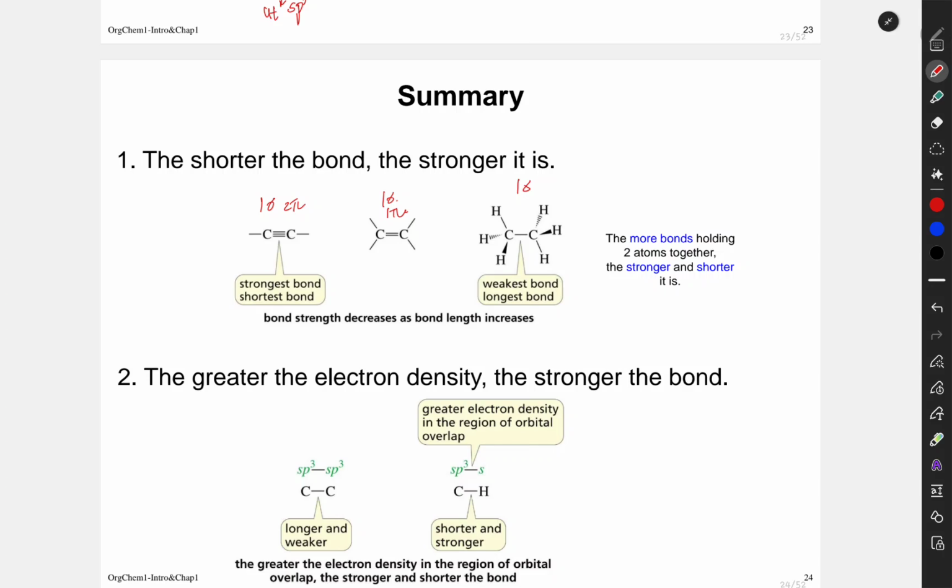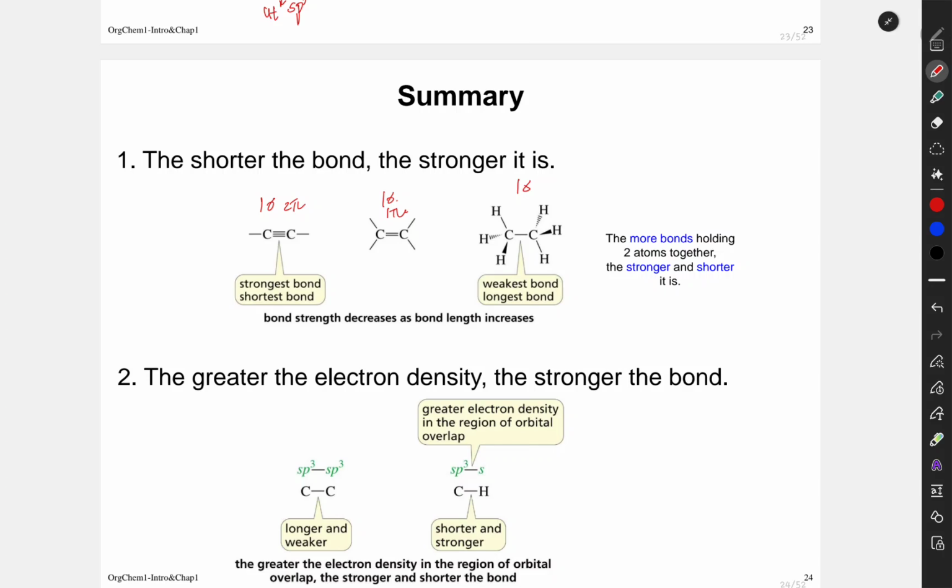And this can be rationalized by the degree of s character, as we mentioned in the above slide. So this carbon is sp3 hybridized, this hydrogen is an s orbital, the pure s orbital. So in total, we can think about the net s character describing the bond between these two elements, and this has to have higher s character.